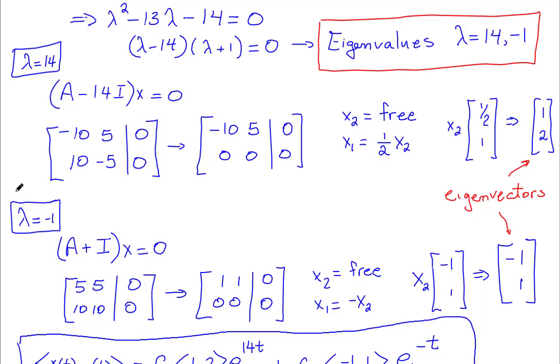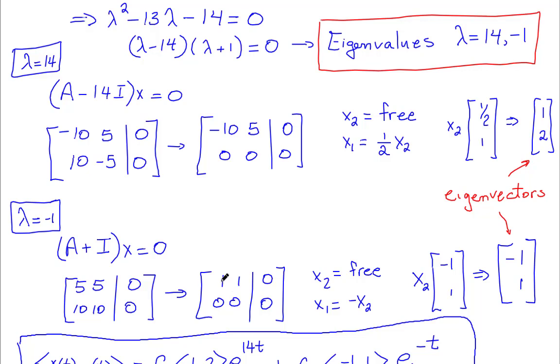You repeat the process for the eigenvalue of minus 1. So that's really just A plus I. So you're adding ones to each of the diagonal elements. So when you clean that up, which is pretty easy, you multiply through by minus 2 and add.